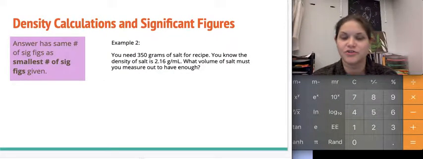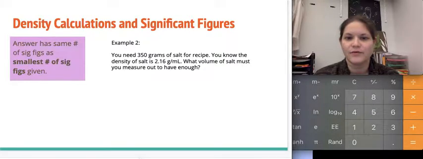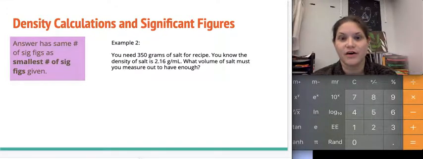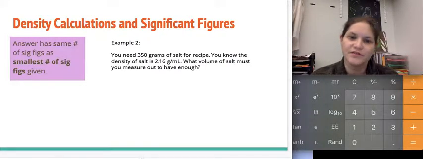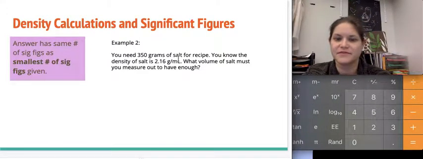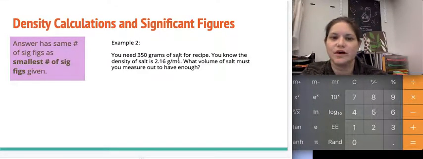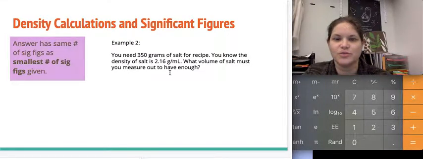Okay, example 2. Now we are going to calculate volume. You need 350 grams of salt for a recipe, and you know that the density of salt is 2.16 grams per milliliter, which is the actual density of salt, like NaCl, sodium chloride. What volume of salt must you measure out to have enough?